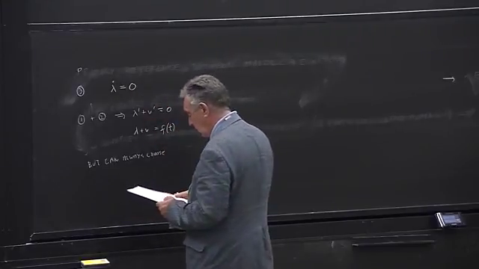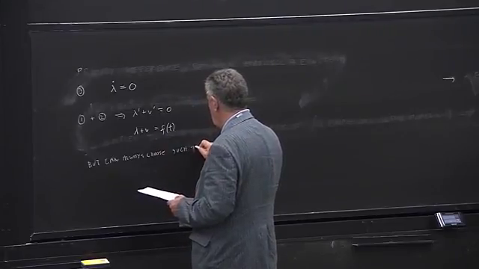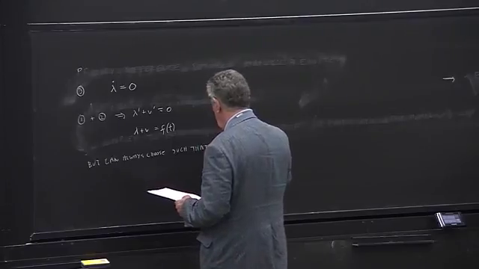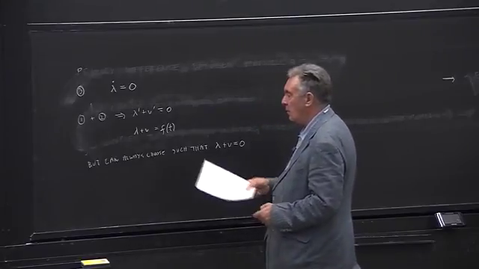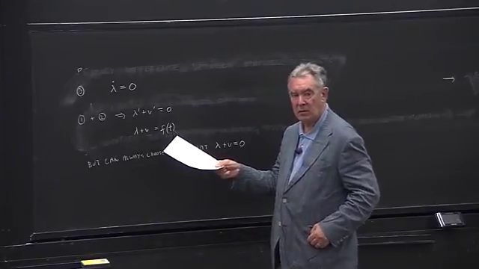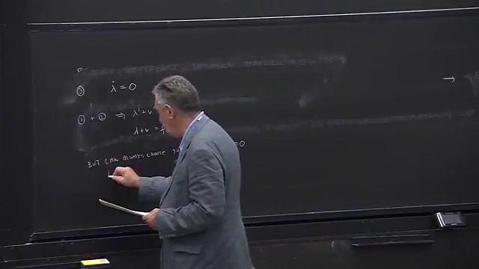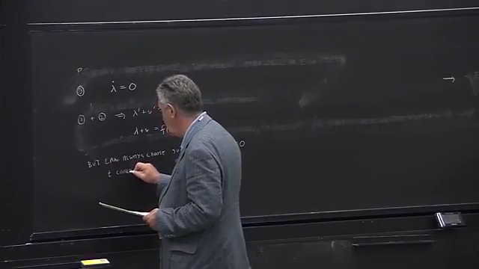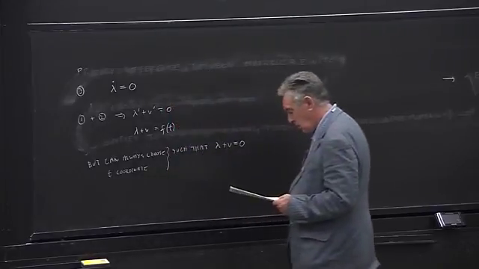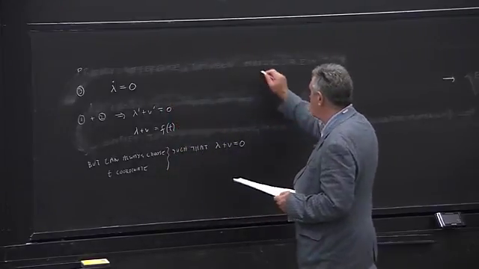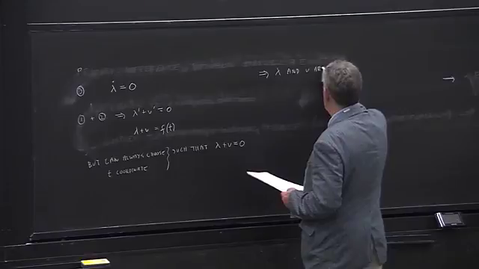Since lambda doesn't depend on t, it's just nu that depends on t. Lambda plus nu is a function of time, but we can always choose a t coordinate such that lambda plus nu is 0. This implies that lambda and nu are t independent.